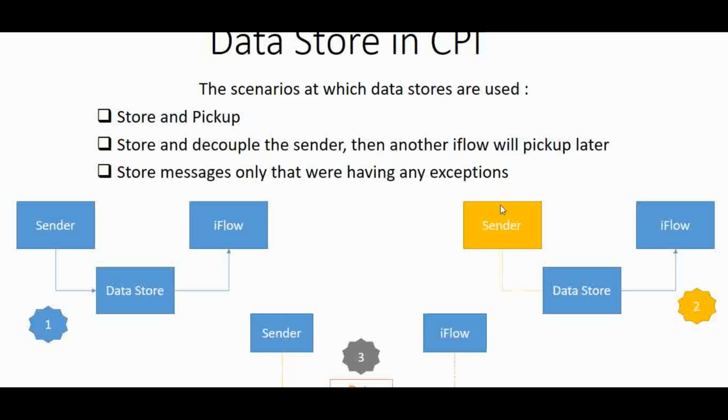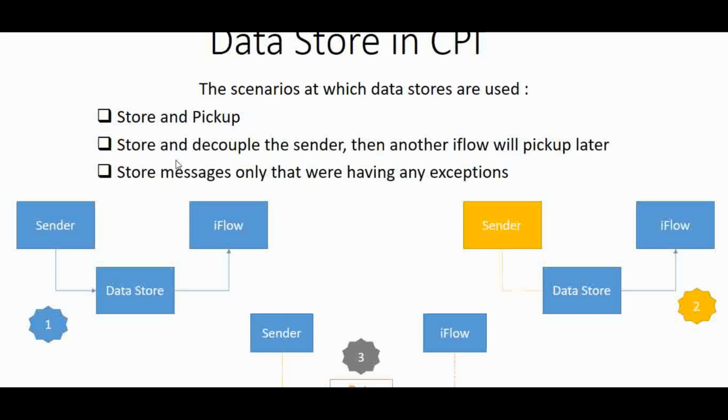So this is the one scenario we will be using a data store. The other scenario is an extension of the first step. First, I will receive all the messages and store them in a data store and decouple my sender system, so that my sender system will not be connected anymore. Then another iFlow will pick up the data from the data store and process it. So as I said, first one is store and pick up directly.